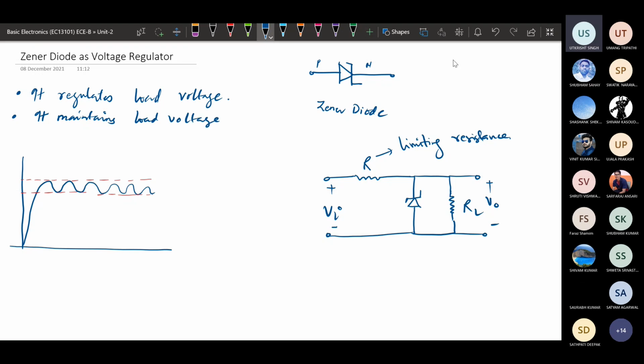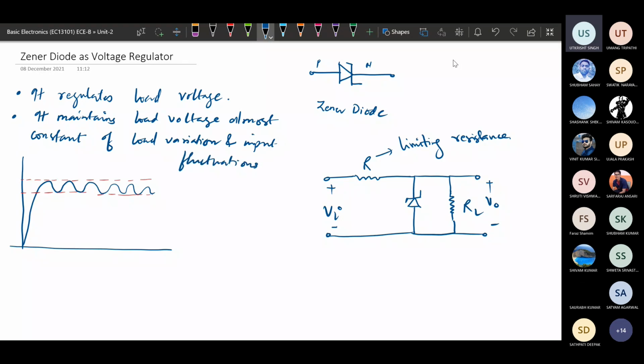It will basically maintain a load voltage that is almost constant, or we can call it independent of any load variation and input fluctuations.